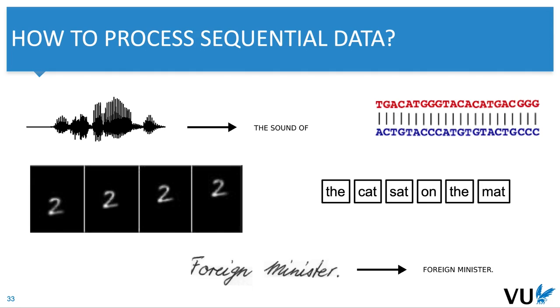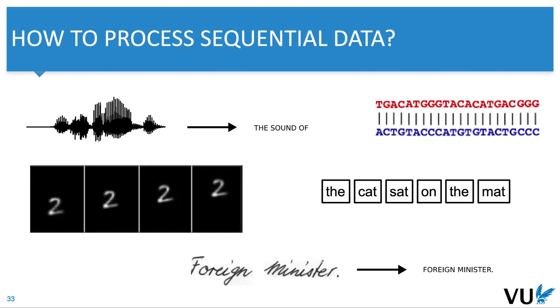But also maybe a more abstract or non-obvious application of sequential data is, for instance, the DNA sequence. When these letters occur in DNA, they don't occur at random positions.